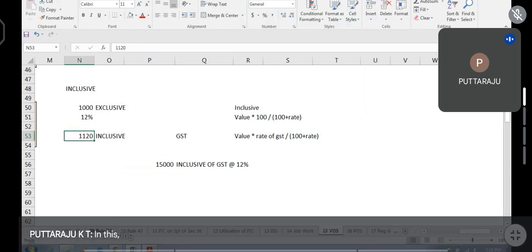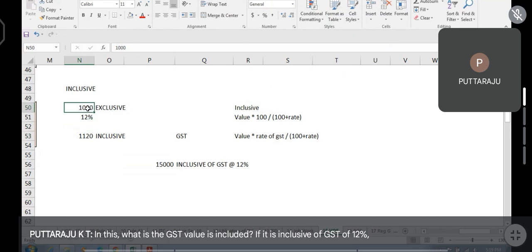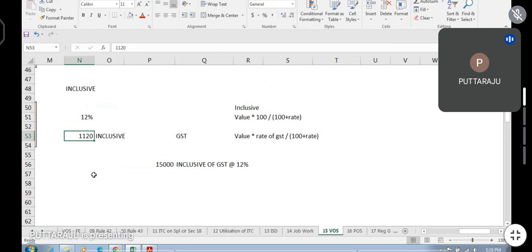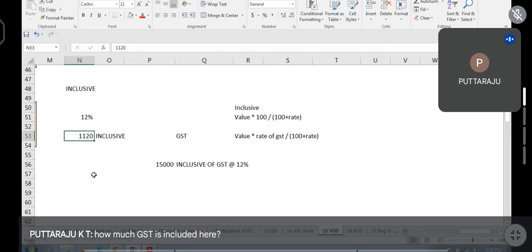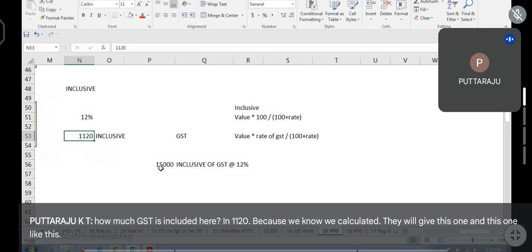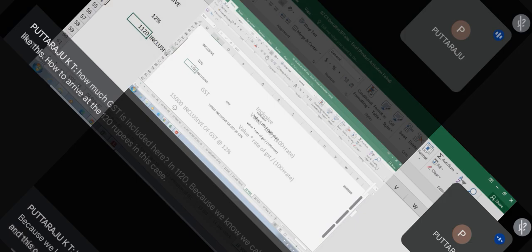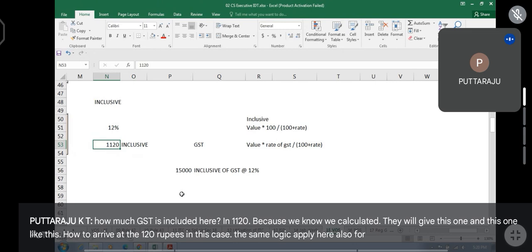If it is inclusive of GST of 12%, how much GST is included here in 1120? Because we know we calculated. How to arrive at the 120 rupees in this case? The same logic applies here also for 15,000.